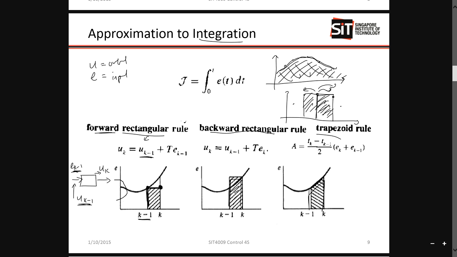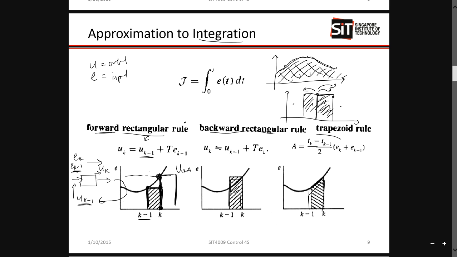Now I have feedback over here, and I tap this output into here, this is the new line, I get my new EK, and then I just feed it in, I get my new position for my UK plus 1, and so on and so forth. This is for the forward.